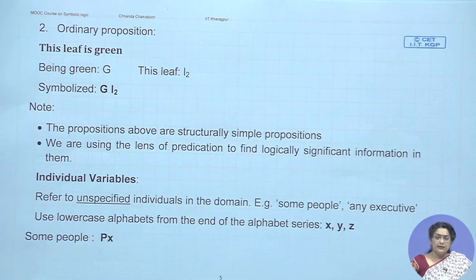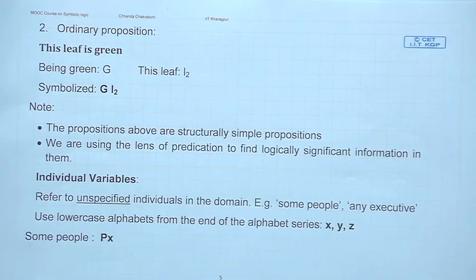In fact, you will find that quantifiers cannot work without individual variables. But at the moment, keep in mind that individual variables do not have any fixed reference. They are like placeholders, so they can refer to unspecified individuals, and they are chosen from the end of the alphabet series, in lowercase.